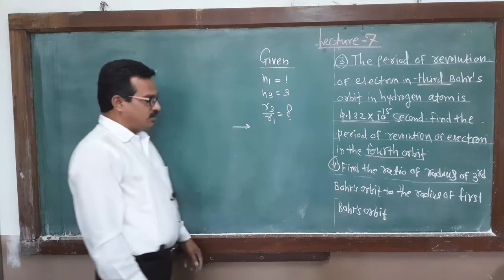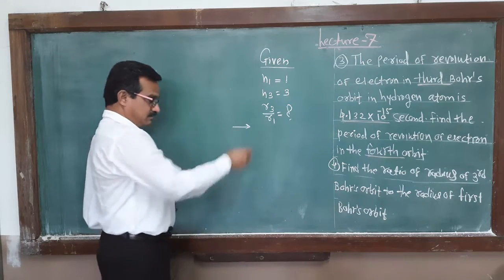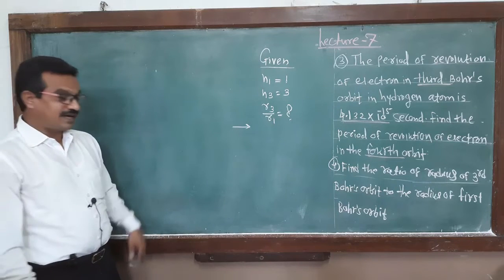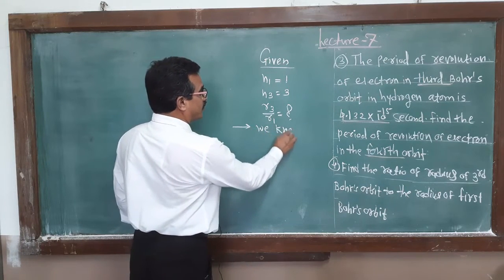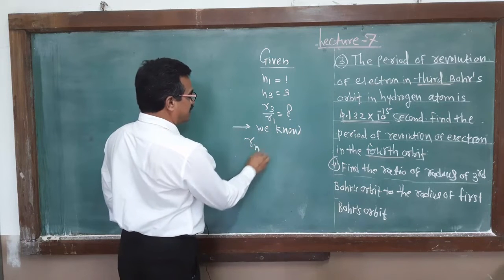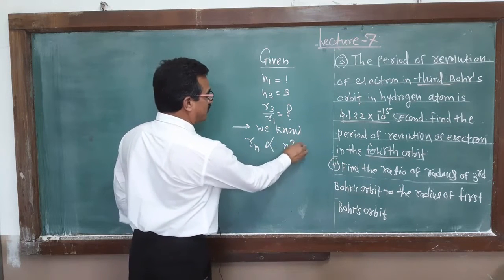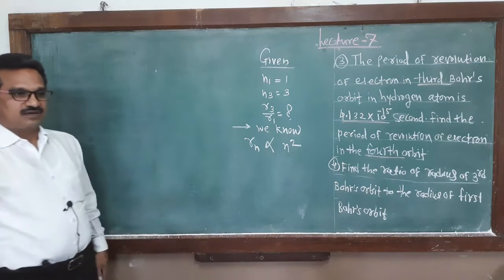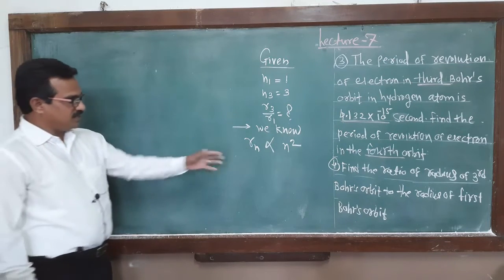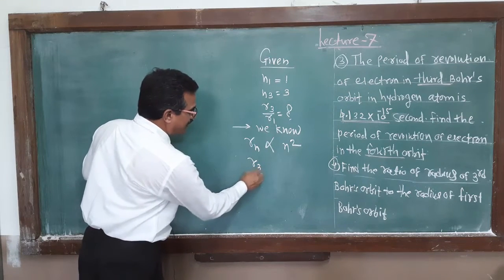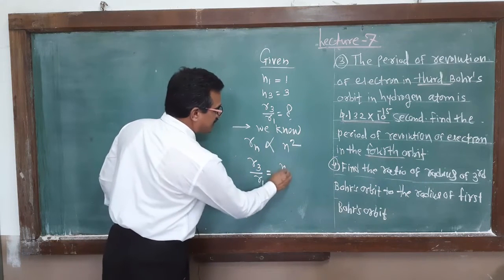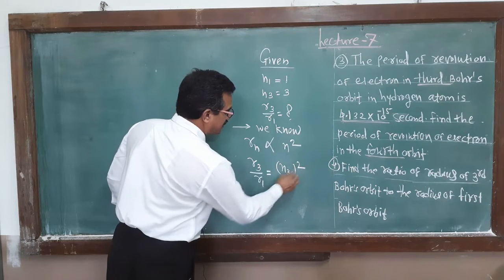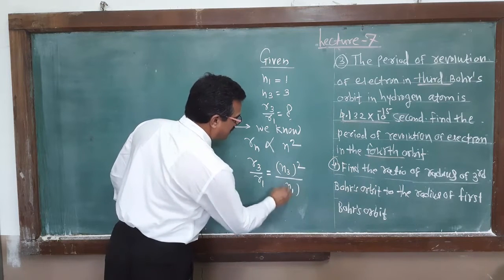In the previous problem we already considered the radius in nth orbit, Rn is directly proportional to the square of the principal quantum number. And from this equation R3 divided by R1 is equal to n3 square divided by n1 square.